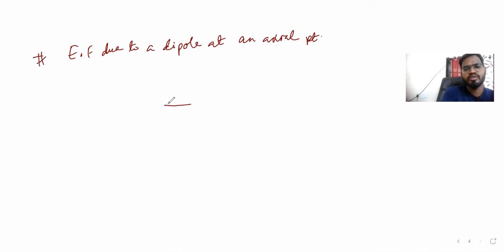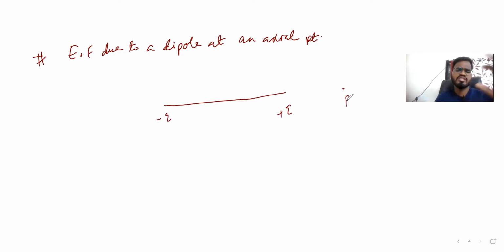So guys, now if you see here, minus q charge and plus q charge, and at point P you want to find the electric field. Axial means somewhere on the line. Let's draw it properly.